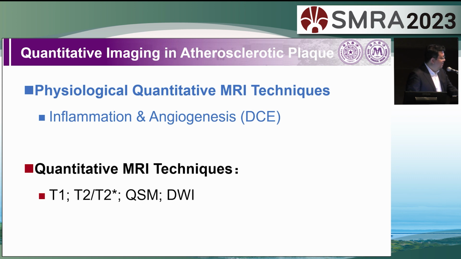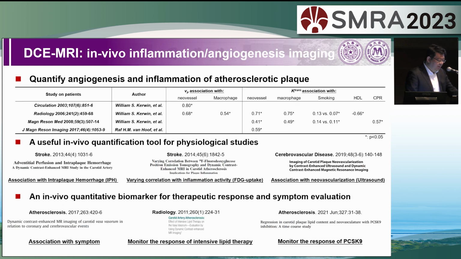So today my talk will be in two parts. First, I want to introduce the DCE MRI work for vessel wall imaging. The second is quite traditional quantitative MR techniques used for vessel wall imaging. DCE MRI, in early days, by using contrast and acquiring dynamically, has been proven to be able to quantify angiogenesis and inflammation of atherosclerotic plaques.